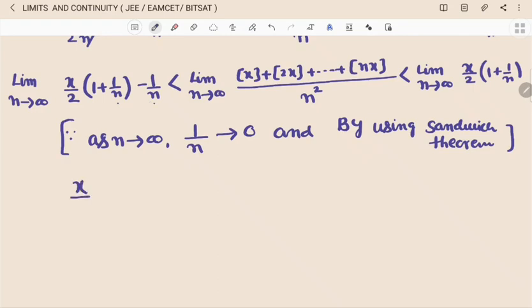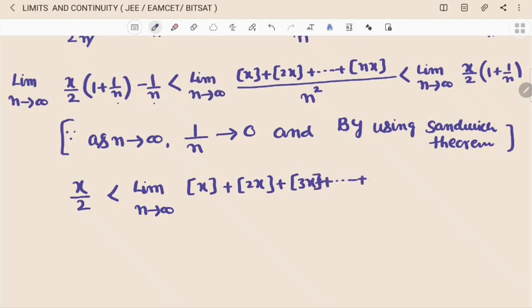So here x by 2 is the remaining term, is less than limit n tends to infinity step x plus step 2x plus step 3x plus and so on, step nx by n square is less than x by 2. Why? Because as n tends to infinity 1 by n tends to 0.